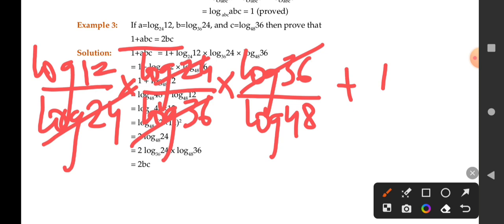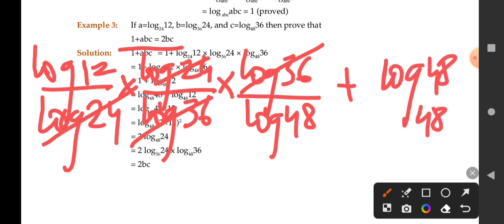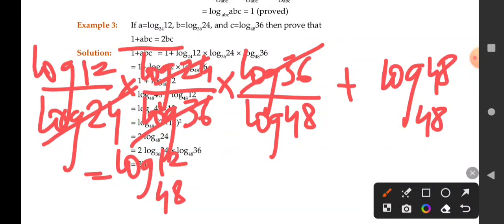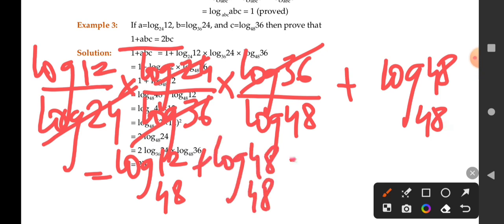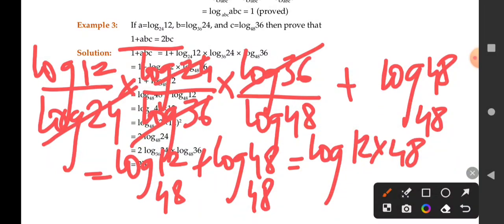Since we have log 48 in the base, we can write 1 as log 48 divided by log 48 now. So we got log 12 to the base 48 plus log 48 to the base 48. Now we can multiply: log of 12 into 48 to the base 48. So 12 into 48 on your calculator is 576.